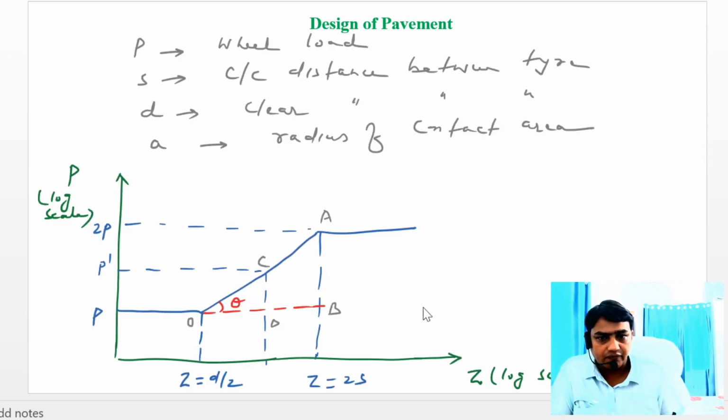So at any depth Z, we can compute the equivalent single wheel load, that is P dash, by this expression.